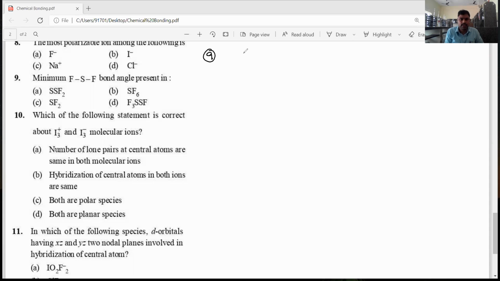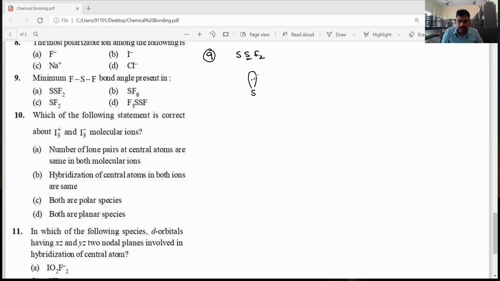The first one is SF3. Sulfur is the central atom, dear students, and a total of 6 electrons are present. Out of the 6 electrons, 3 are bonding with fluorine atoms. Then 1 lone pair is present. 1 lone pair and 3 bond pairs means sp3 hybridization and pyramidal shape.